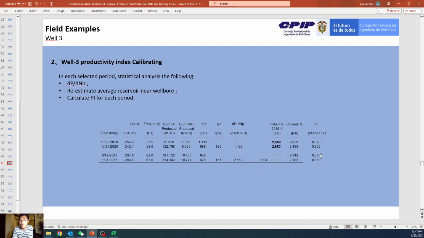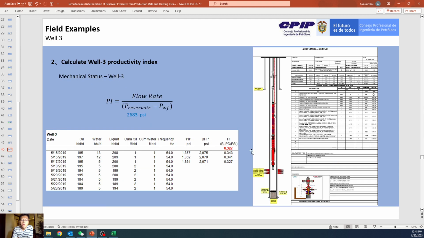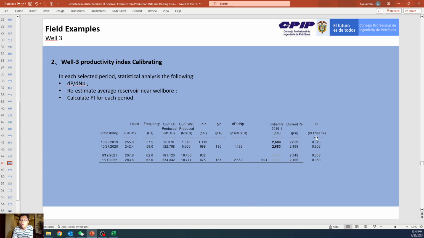And PI is around 0.358 barrels per day per psi. Let's compare these PIs with the initial PI. The initial one is 0.327 barrels per day per psi. So these numbers are quite close. We think the initial PI could be representative for well 3.